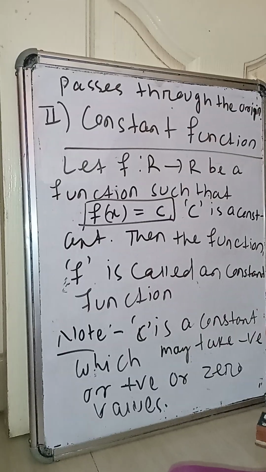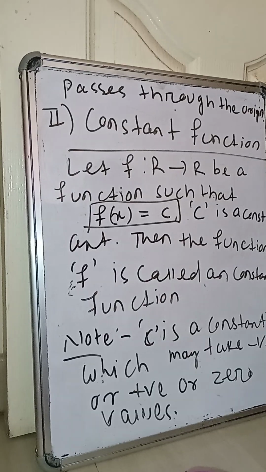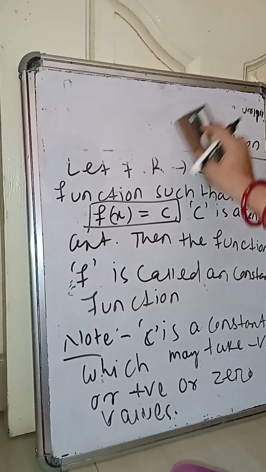It may be zero also. f of x equal to 0, f of x equal to a negative number, f of x equal to a positive number. Let us discuss this; you will be more clear through examples.